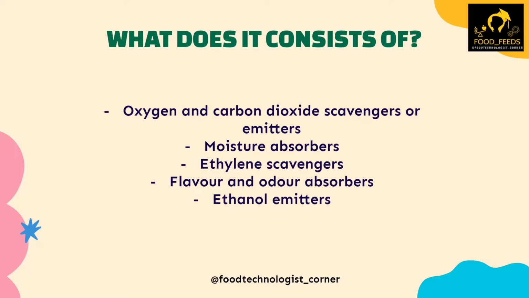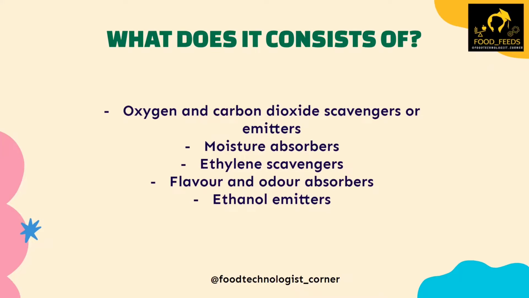Wherever there are scavengers, it means we remove that particular substance using them. There is a reason why we need to remove oxygen, carbon dioxide, or ethylene from a particular product, but also a reason why we need moisture absorbers or flavor and odor absorbers. That we'll be studying in the upcoming slides.